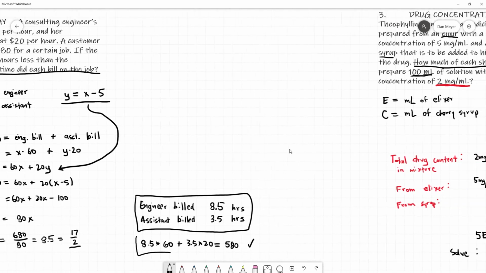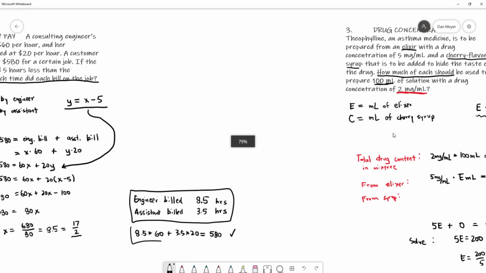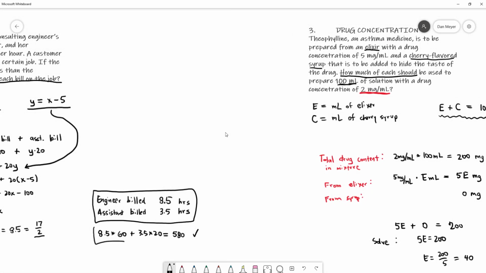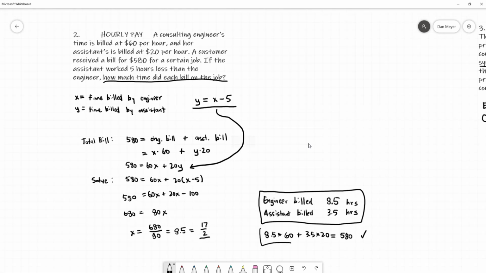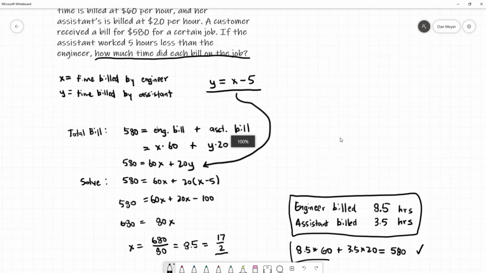And when you're able to identify a class of problems, then you can start to understand how their answers are the same. Okay, so here when we went to set up our equation, we had the total amount is the amount from the engineer, which is the engineer's rate times their time, plus the amount from the assistant, which is the assistant's rate times their time.